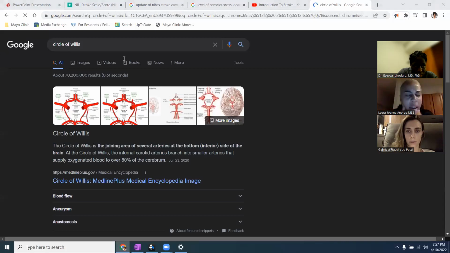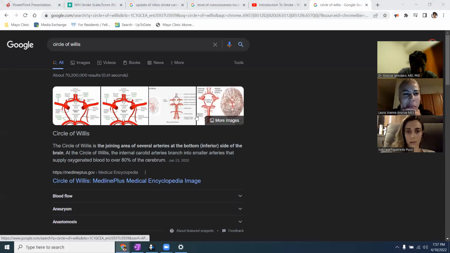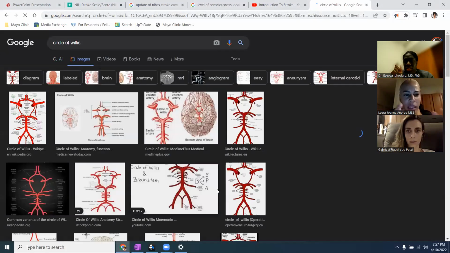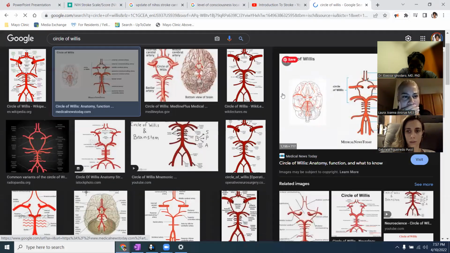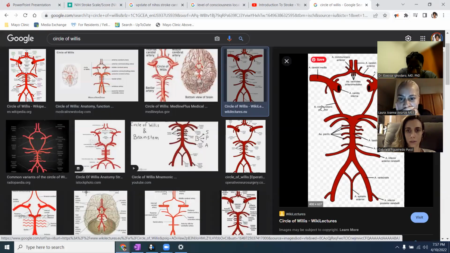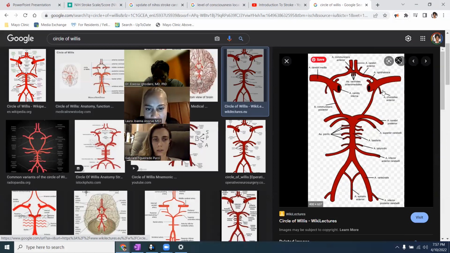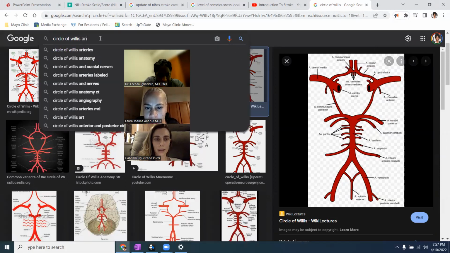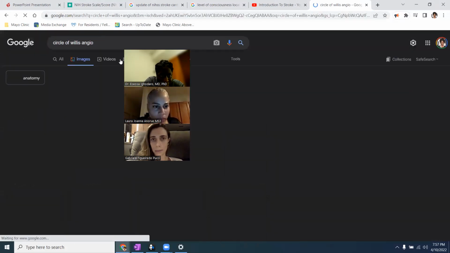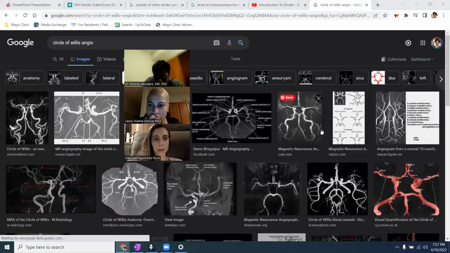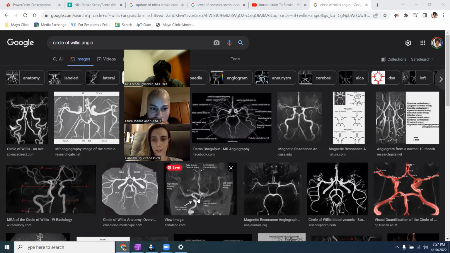I think I actually want to say that was the PCOM though. Okay, let me pull it up. And then the MCAs come. If you type in circle of Willis angiogram, there are some images like the same image that we're trying to see, like this one. I'm sending it in the chat.